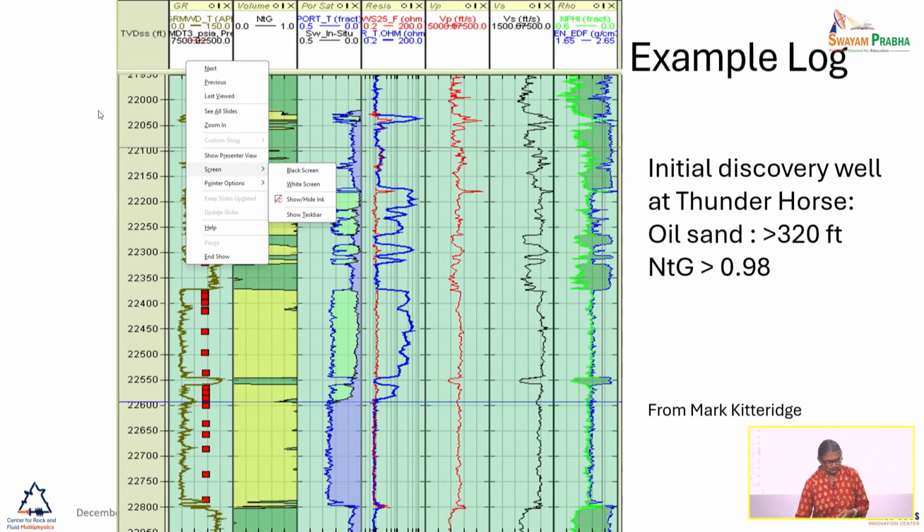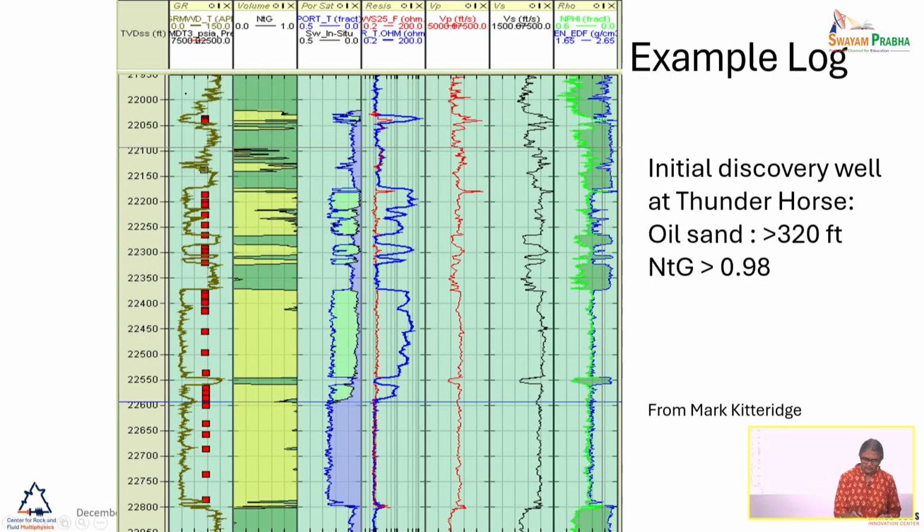So what we have here, this is the lithology. This is just the volume net to gross, how much shale there is. So if the lines are all the way to the left, that means there's very little shale, there's very little clay minerals present, which means all of this is pure sand, clean sand.